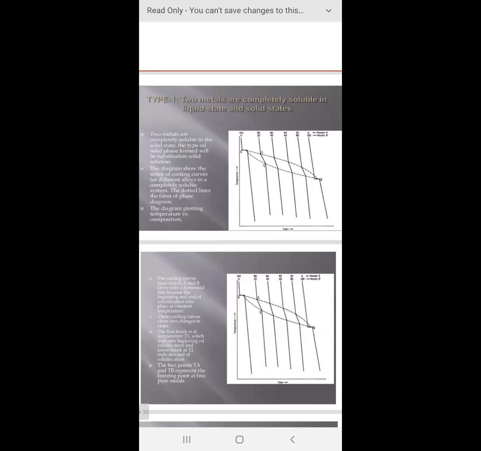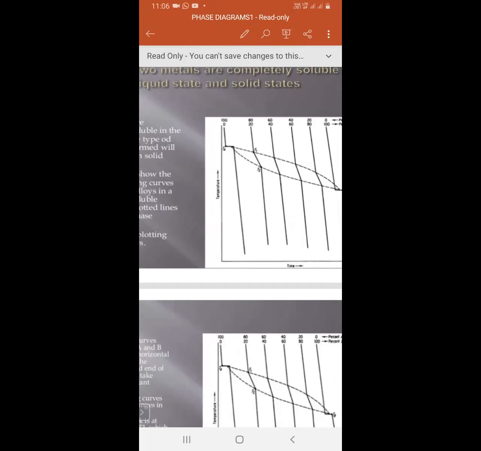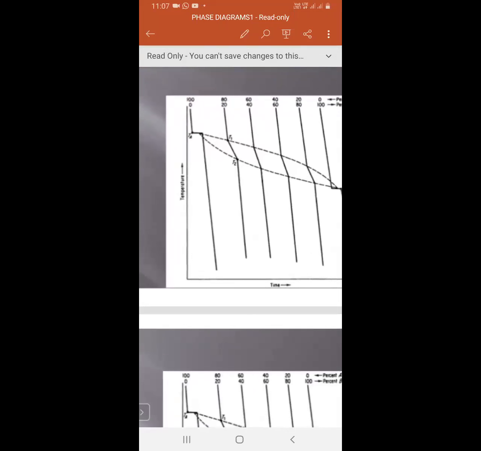We take metals A and B. A is 100% and B is 0% by weight, pure. Then moving along, A is 80 and B is 20, then A is 60, and so on, as weight composition. At the other end, B is 100% and A is 0. At the starting and ending are the pure metals, and between these two are all the alloys.